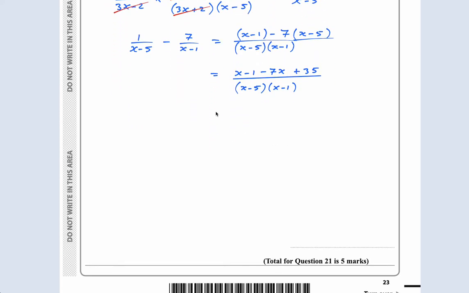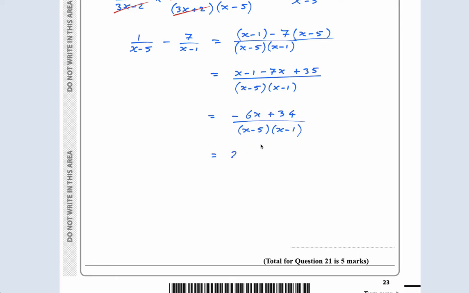Then simplify this. x minus 7x is minus 6x, plus 34, over x minus 5 times x minus 1. You would actually get full marks for this, guys. That is simplified. But I can also factorize, taking 2 out of the numerator.